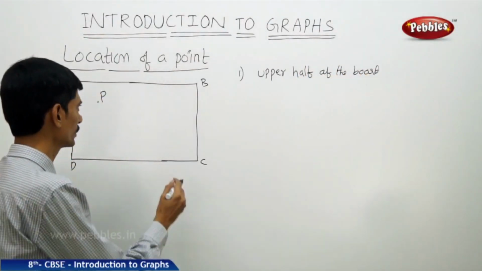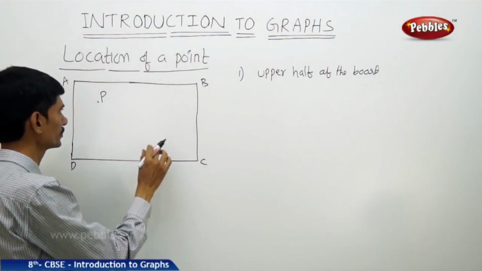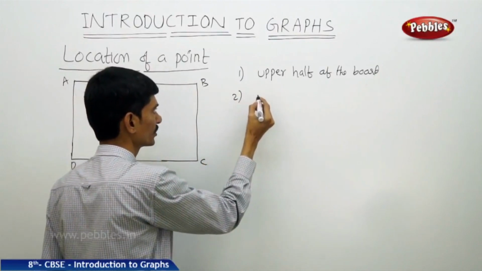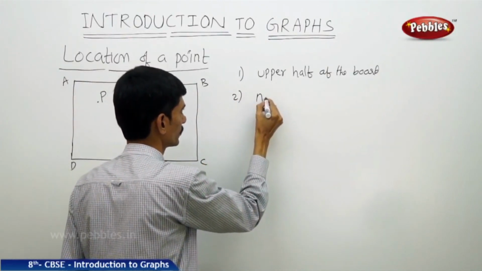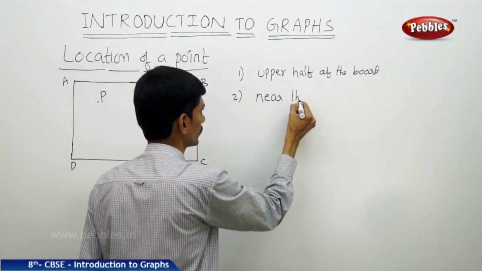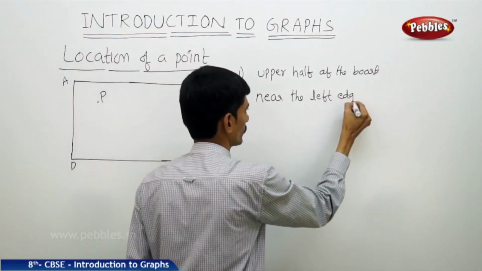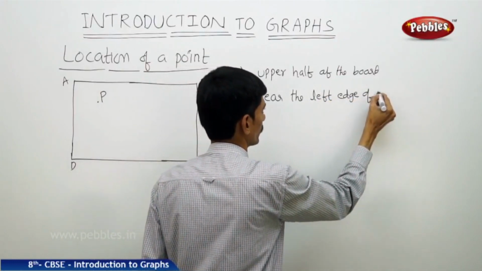The second student said that the position of the point is near the left edge of the blackboard. So according to the second student, near the left edge of the board.